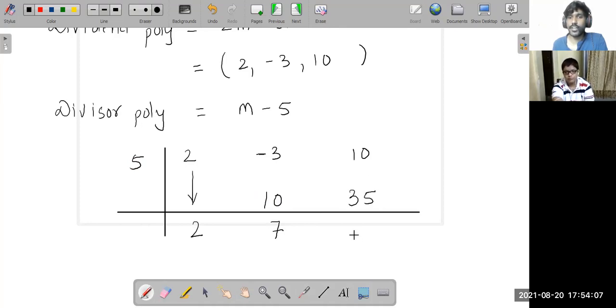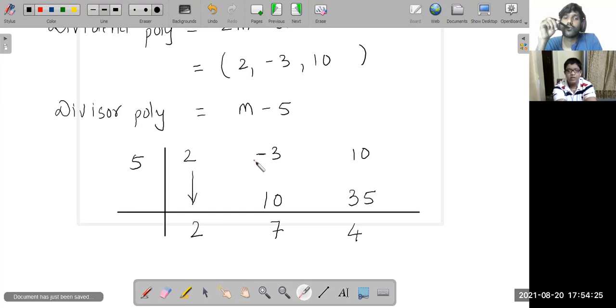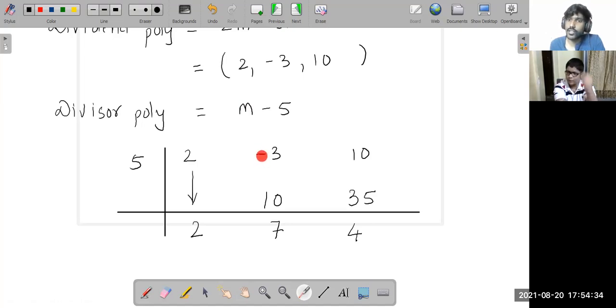10 plus 35 will be? Plus. If there is a negative sign, then you subtract, but here both are plus, so we add. If both are plus, then you have to add it.